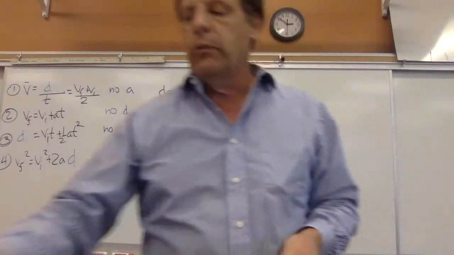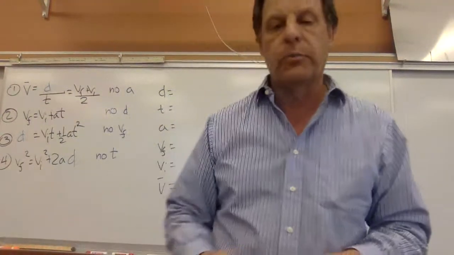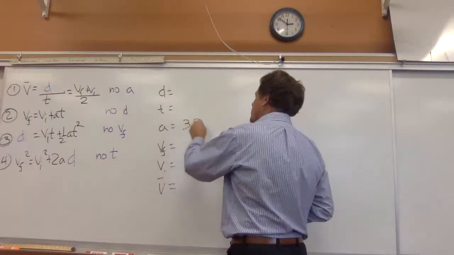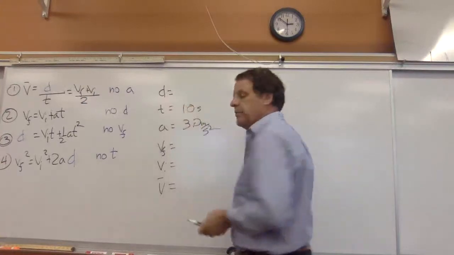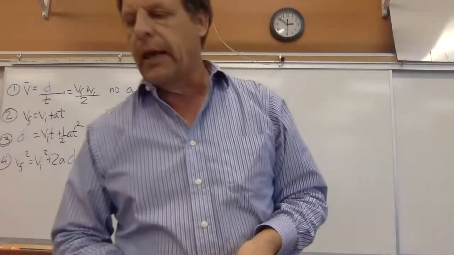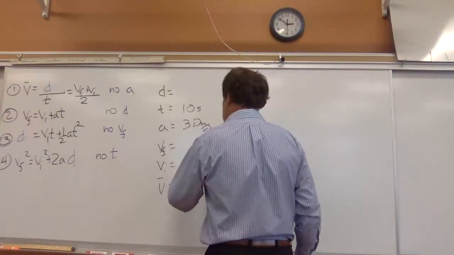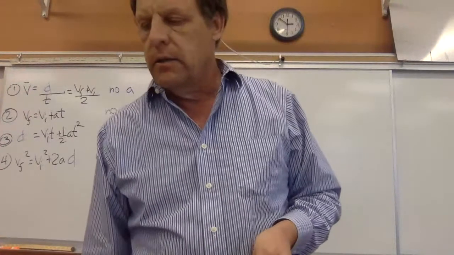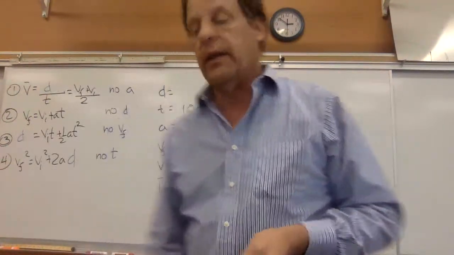When we read the second question, it says a car accelerates at 3 meters per second squared. So we know our acceleration, 3 meters per second squared. We know our time is 10 seconds. The initial velocity is 10 meters per second, and we want to calculate the final velocity.